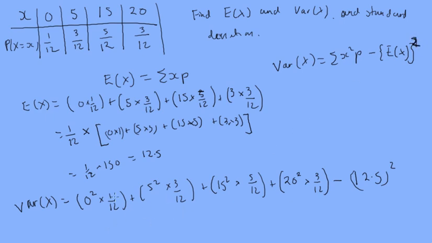Chugging all those numbers away, we will get 43.75. And therefore the standard deviation of x will be equal to the square root of 43.75, which is 6.61 to 3 significant figures. So hope that helps.